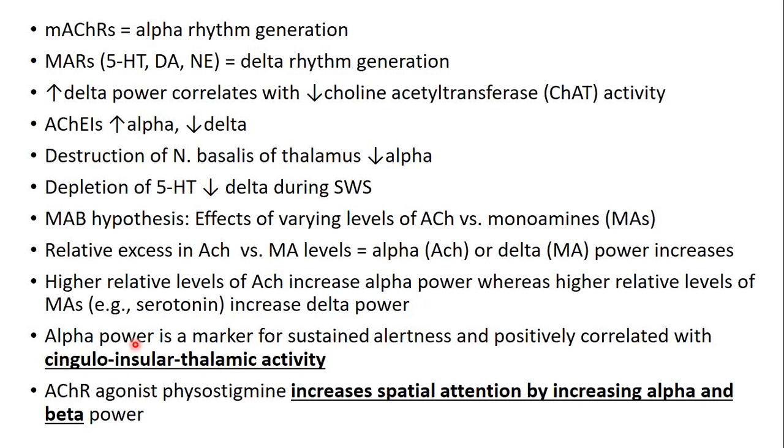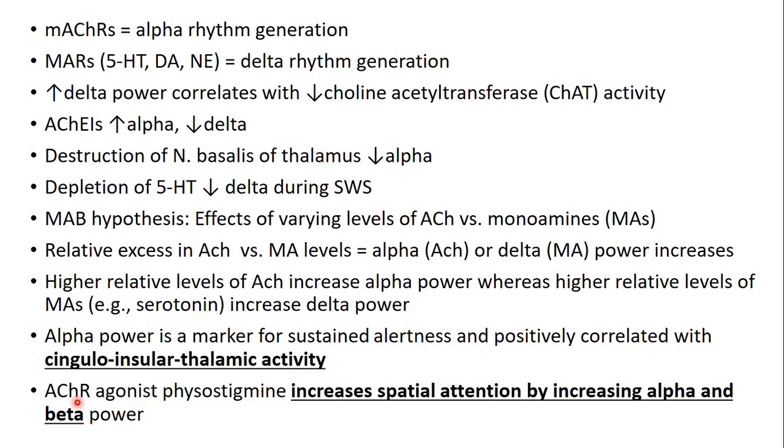For a clinical correlation, alpha power seems to be a marker, at least in some studies, for sustained alertness, and it's positively correlated with the activity of a network that starts in the cingulate and includes the insular cortex and the thalamus, called the cingulo-insular thalamic activity. We can talk about that another time.